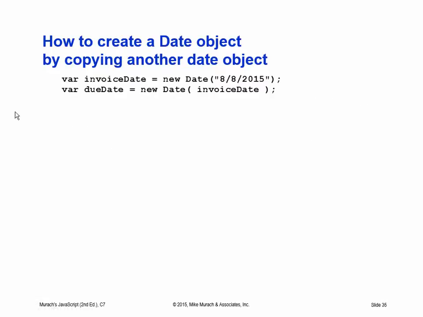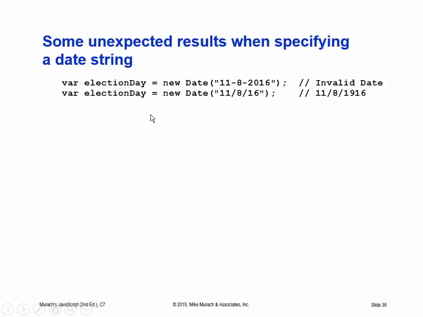You can create one date object by copying another date object into it. Notice it says some unexpected results. This will say invalid, I believe because it doesn't like the dashes here. This will use 1916. So you can get some weird stuff that happens.